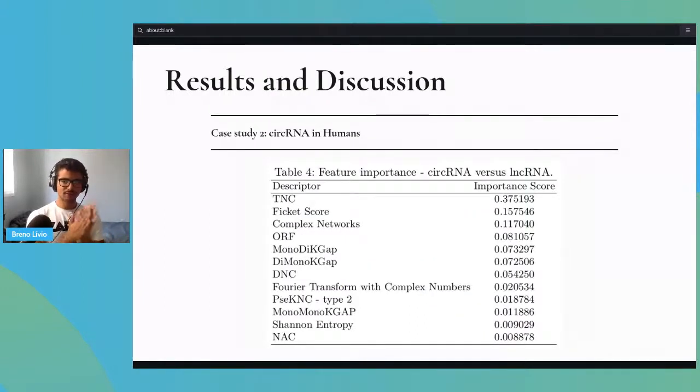We also elaborated this table with the importance score by descriptor. Although the TNC descriptor is the most important in the group, it generates a large number of features, which is 64, while the Fickett score generates only 2. Therefore, this information can be investigated by biologists to try to understand the meaning of these combinations of nitrogenous bases, and how they can be used to differentiate circular and long non-coding RNA.